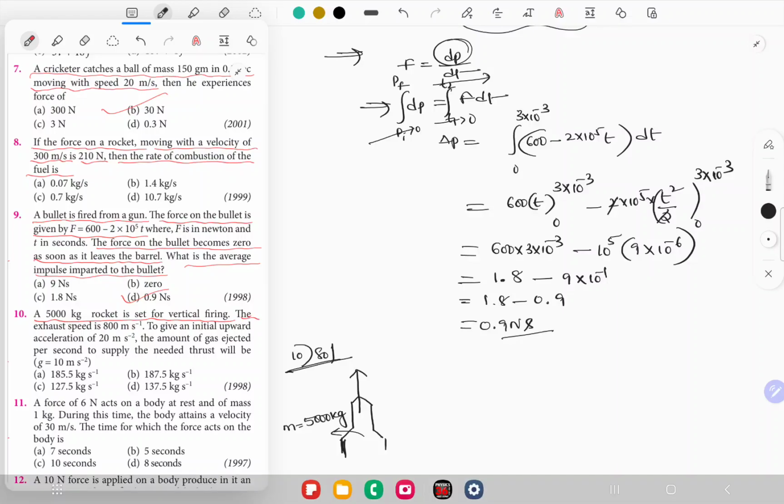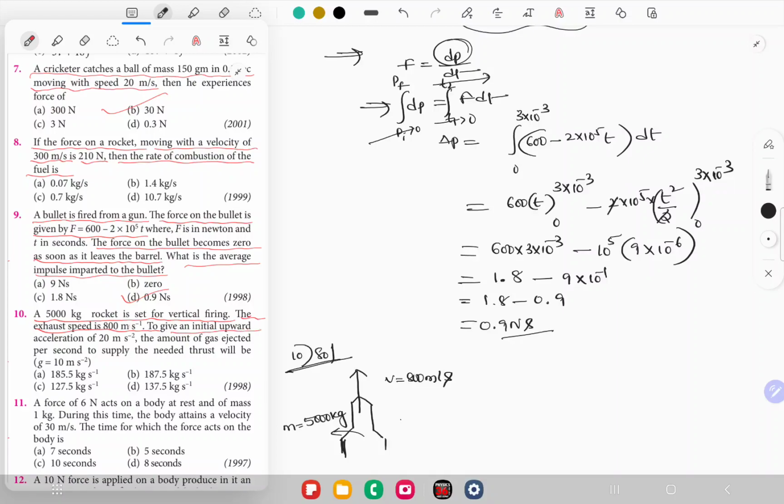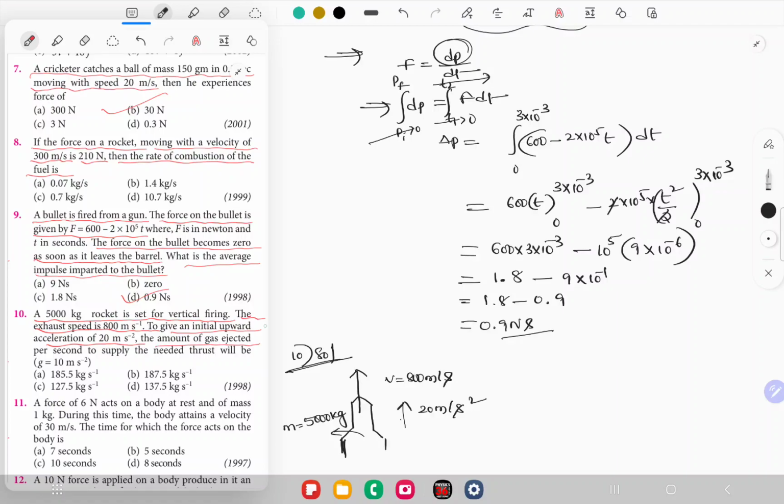The exhaust speed is 800 meter per second. Okay, so v is equal to 800 meter per second. To give an initial upward acceleration of 20 meter per second square. The amount of gas ejected per second to supply the needed thrust will be.